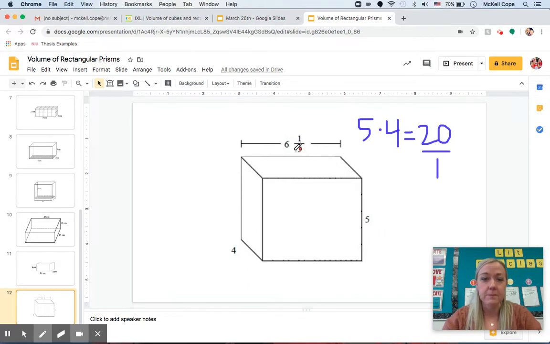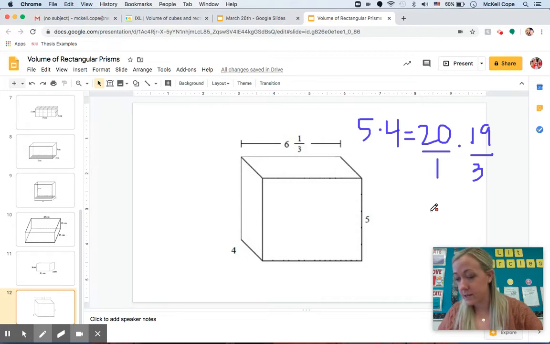So 3 times 6 is 18, plus 1 is 19, so 19/3. Okay, so again, we're going to have some big numbers here because we can't cross simplify, but we can do that. So 20 times 19 gives me 380. We're going to go off the screen here a little bit. That's okay.